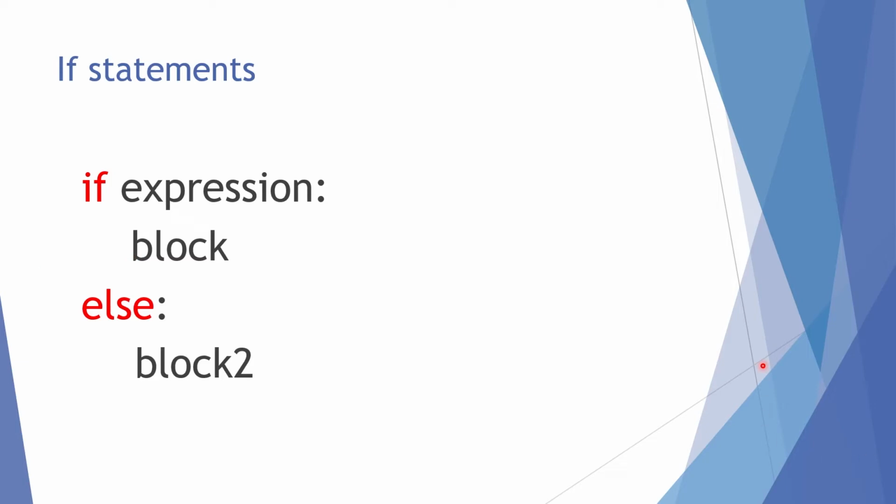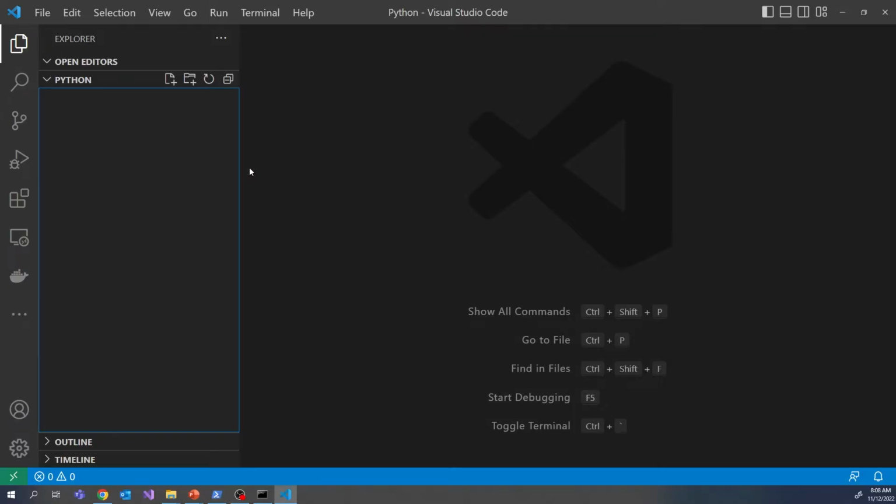Good. Let's show this in a Python file and show how this if statement behaves. I will open again Visual Studio Code, and here we can start writing our first Python conditional statement.